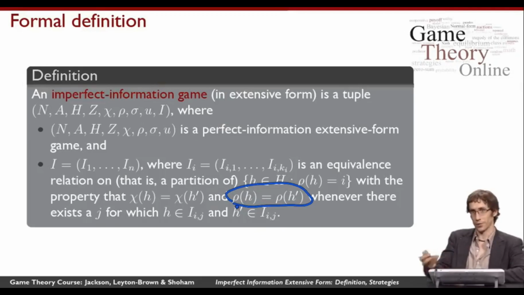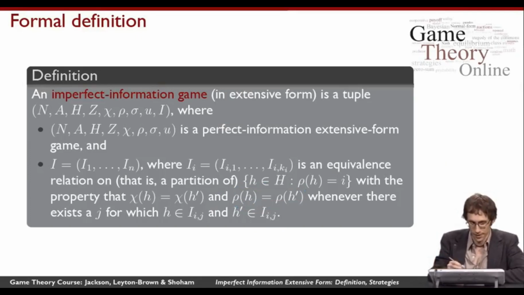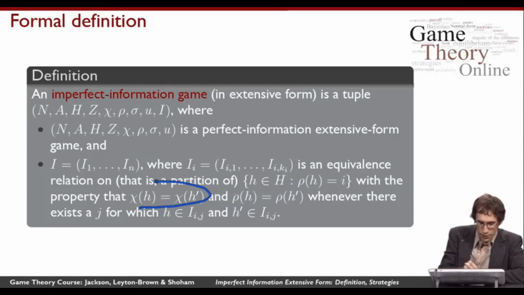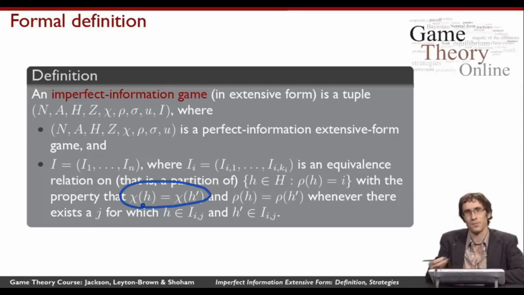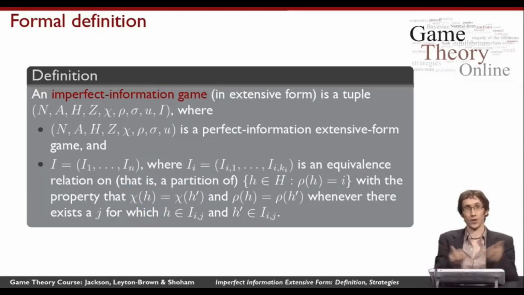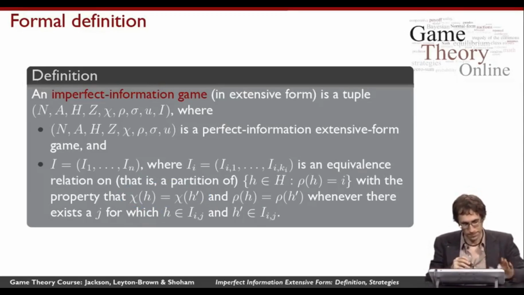The player, when he shows up, would know which player he was. He would really not be confused about all of the nodes in the equivalence class. The second restriction is that the two choice nodes have to have the same set of available actions, because if the player can't tell them apart, he has to know what to do. And those are the only restrictions.